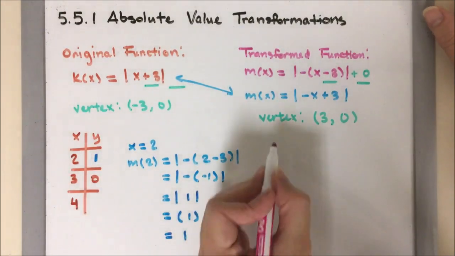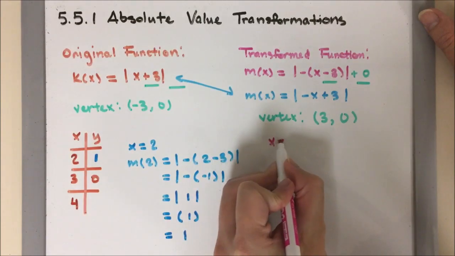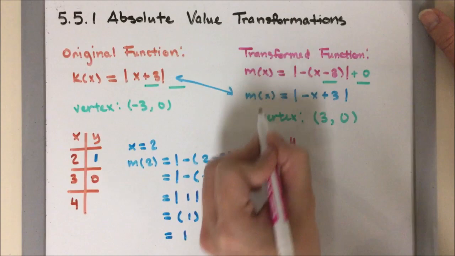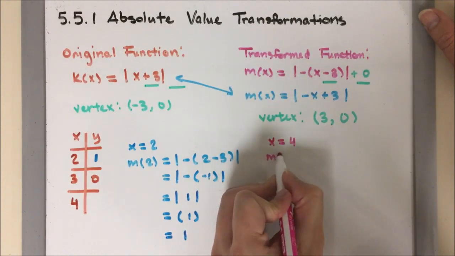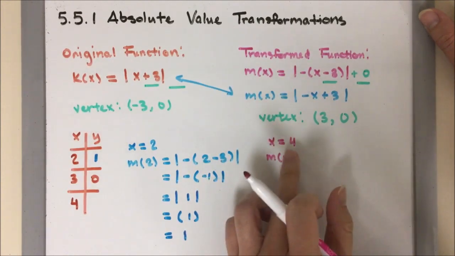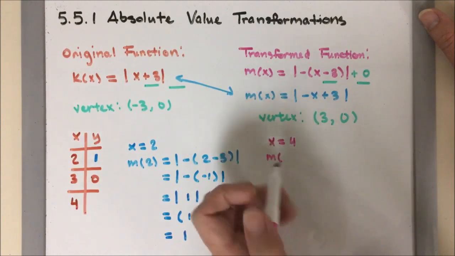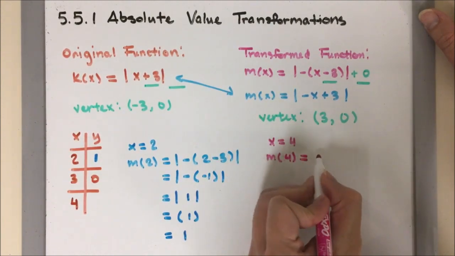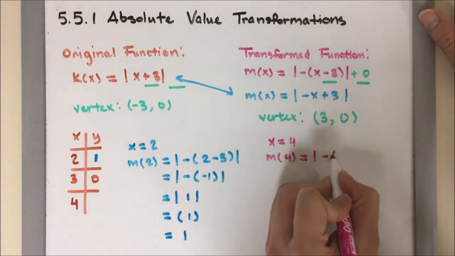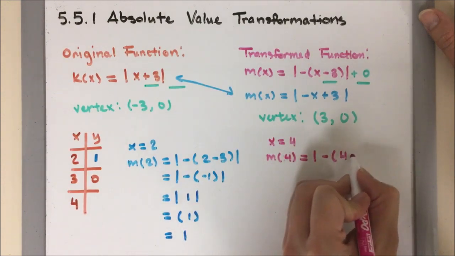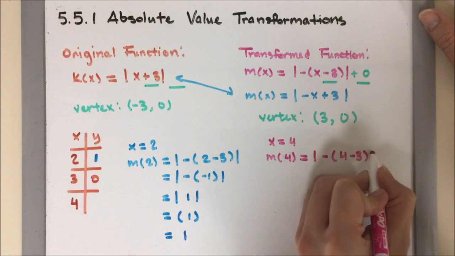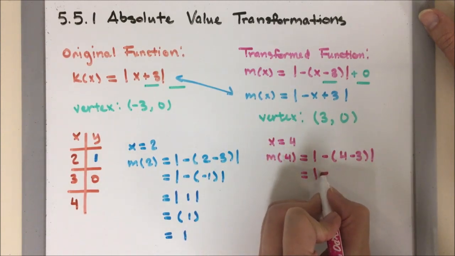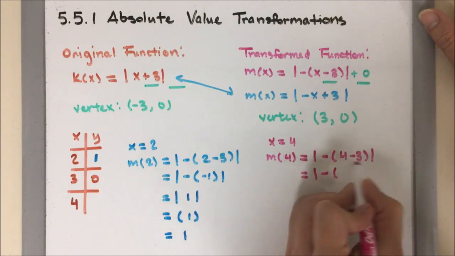Alright, so next I'm going to do x equals 4. So I'm plugging a 4 into the m of x function. So absolute value of negative parenthesis 4 minus 3 close parenthesis. I'm going to simplify inside the parenthesis.